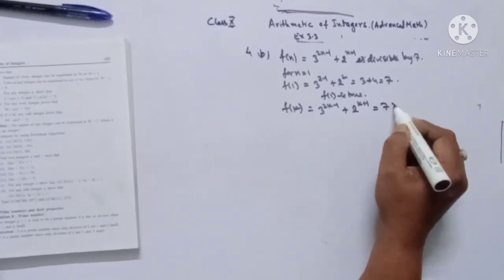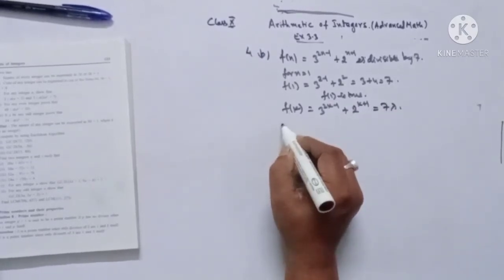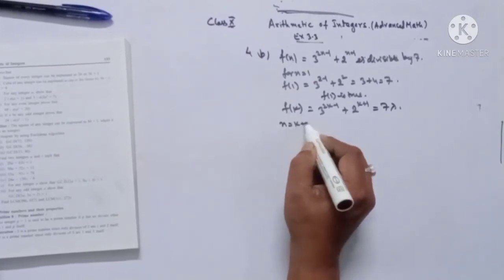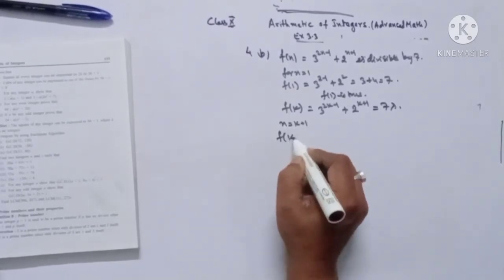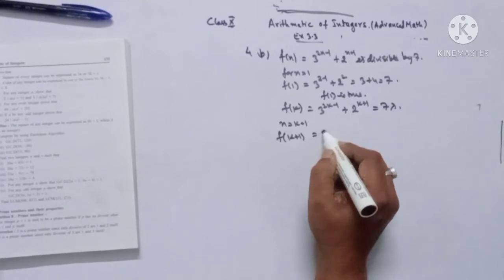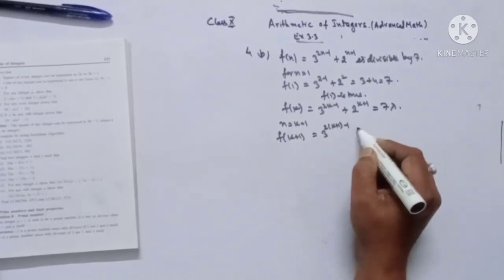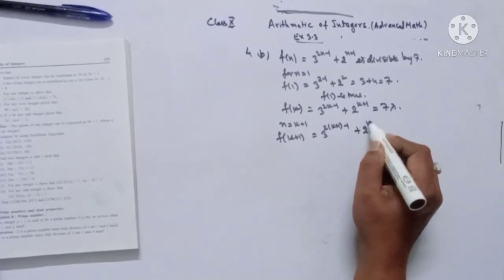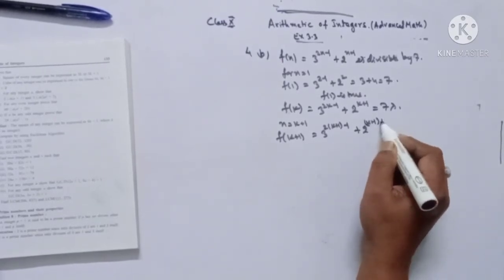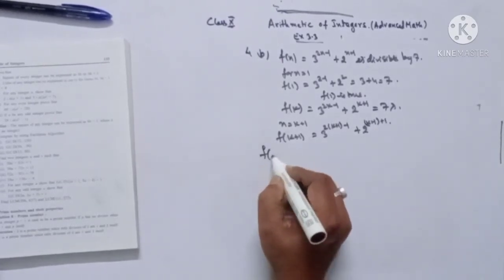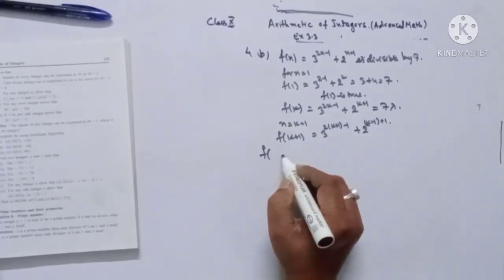Let this be equal to 7 lambda. Now for n is equal to k plus 1, that is fk plus 1, this will be 3 to the power of 2 times k plus 1 minus 1 plus 2 to the power of k plus 1 plus 1.